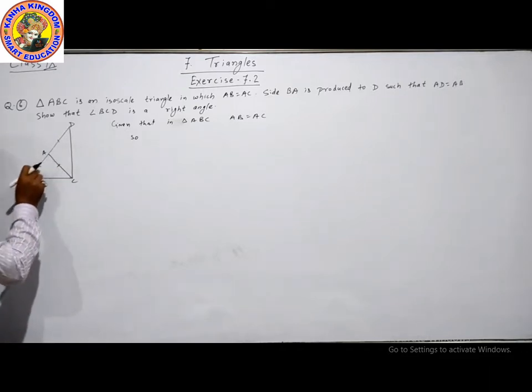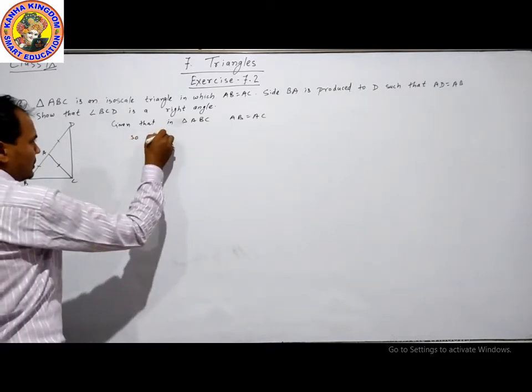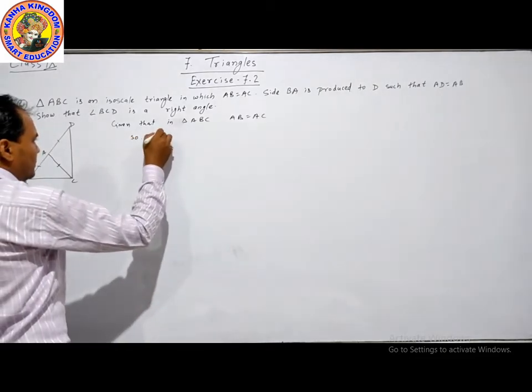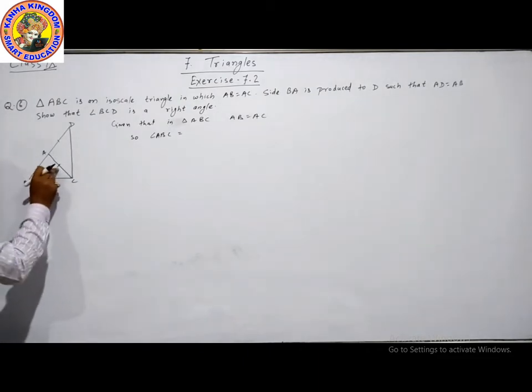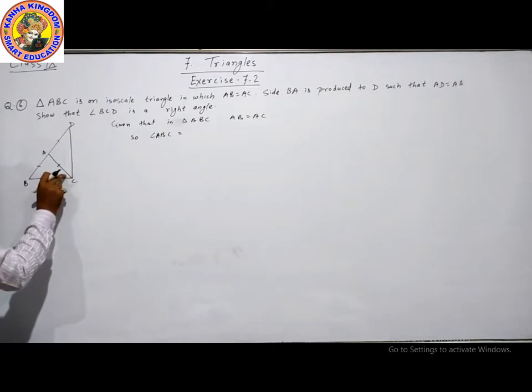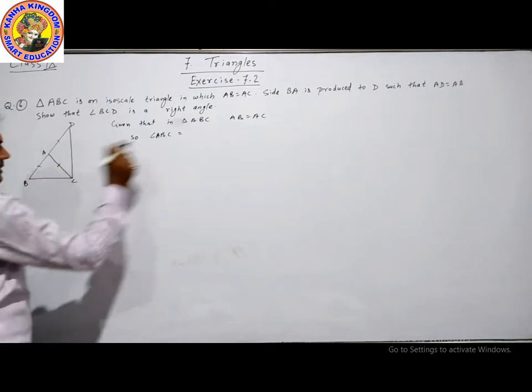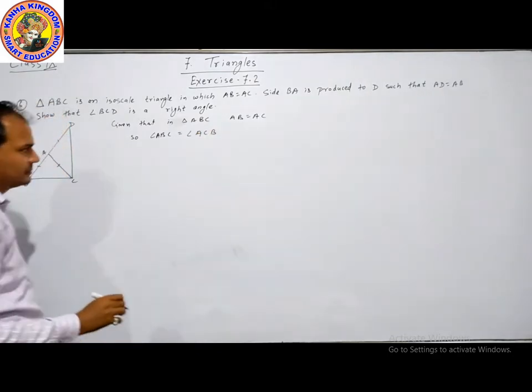So the respective angle is angle ABC, so angle ABC is equal to the angle opposite to this side, angle ACB.